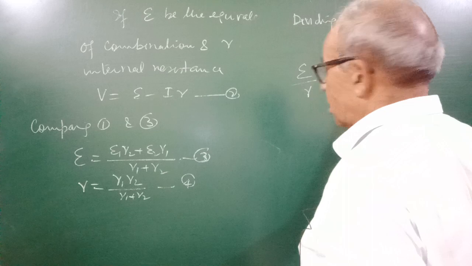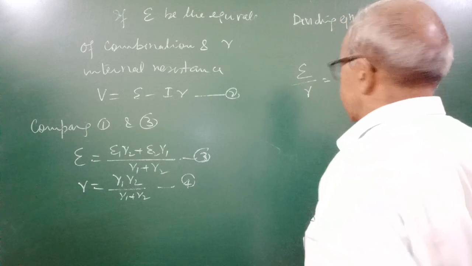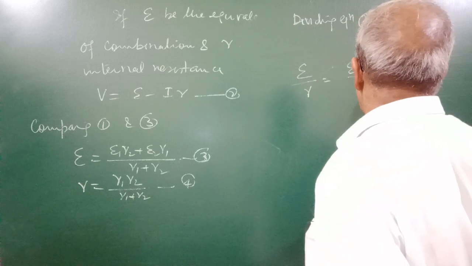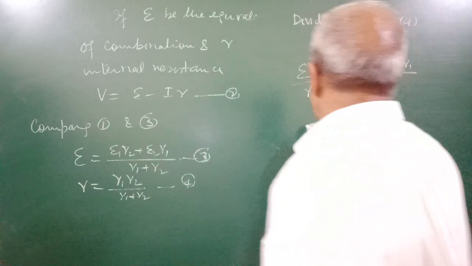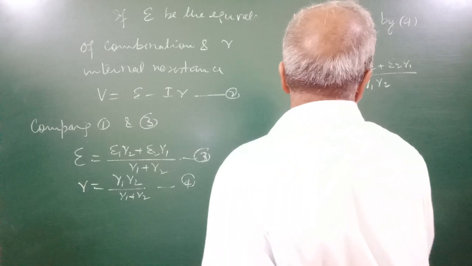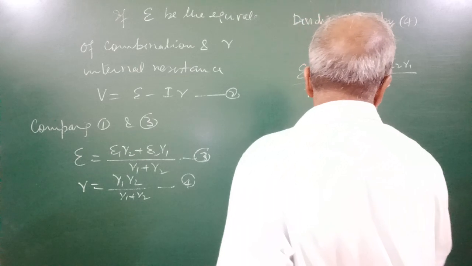E1 R2 plus E2 R1 upon R1 R2, and this can be written as E upon R equal to E1 upon R1 plus E2 upon R2.